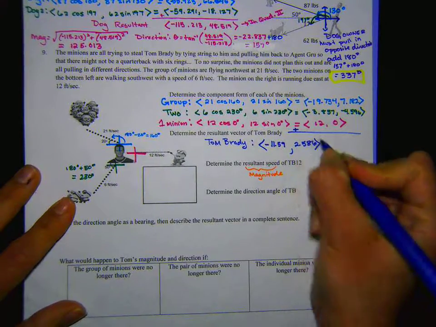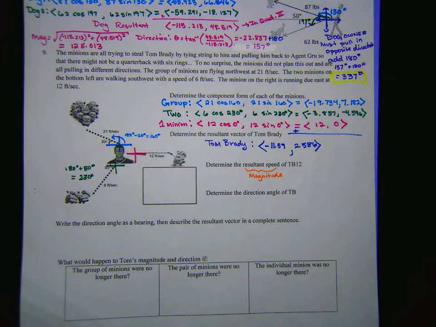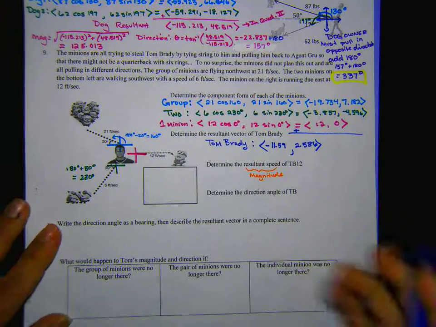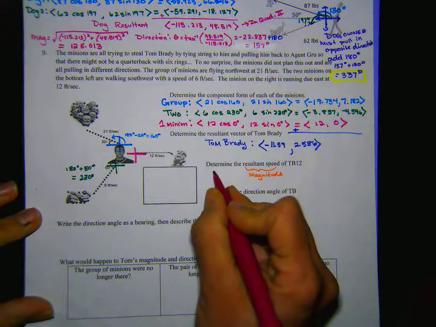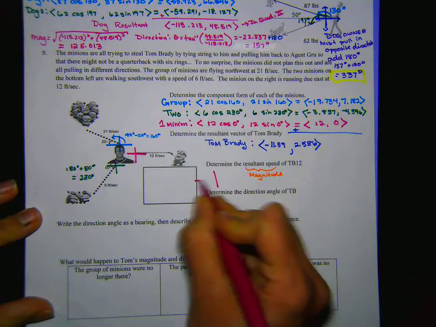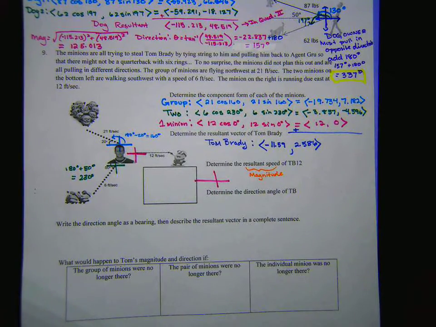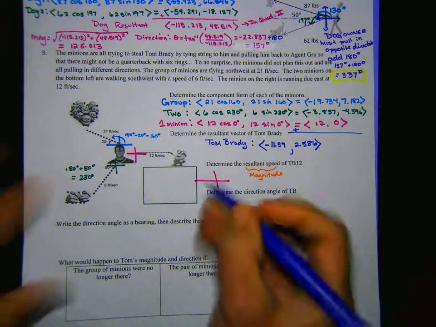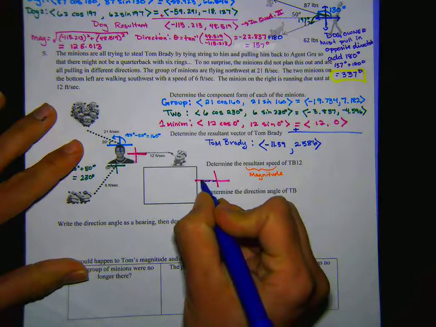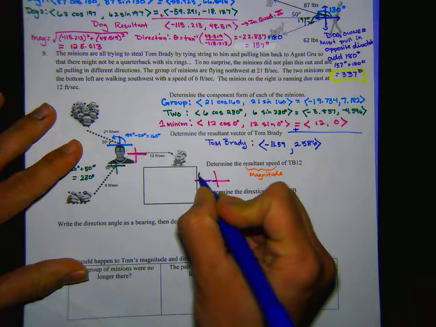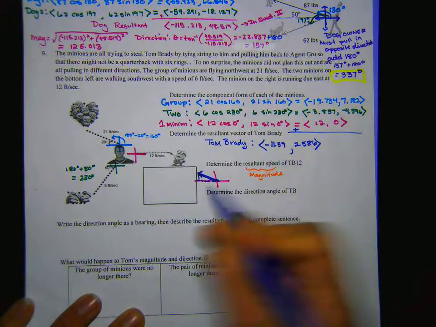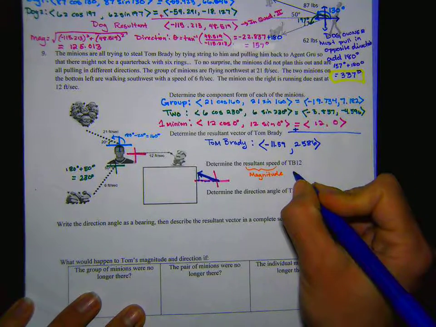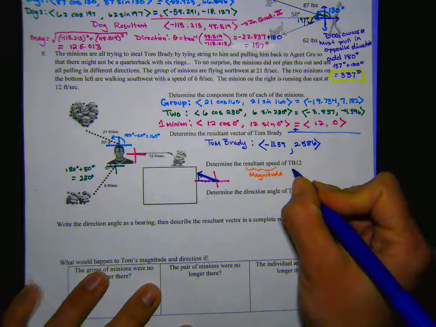Tom Brady's resultant vector is in the second quadrant, negative 11.59 and 2.586. So I do the Pythagorean theorem with his x and y. The magnitude is the square root of negative 11.59 squared plus 2.586 squared.